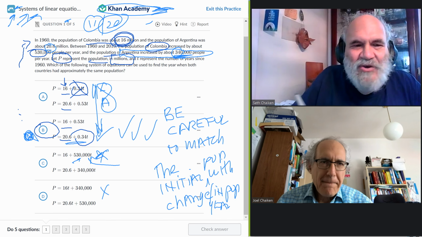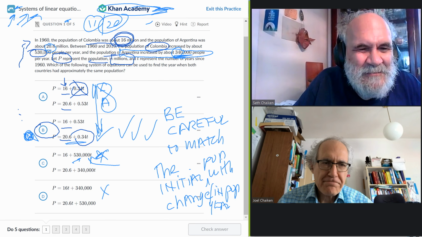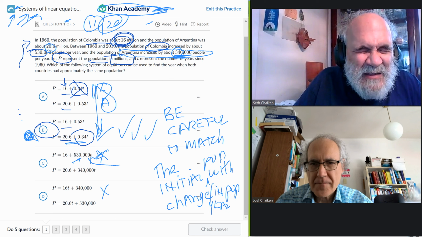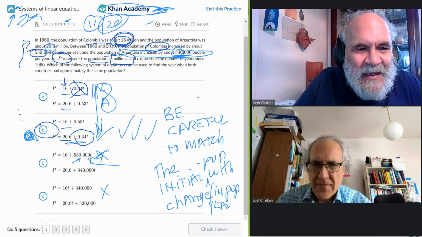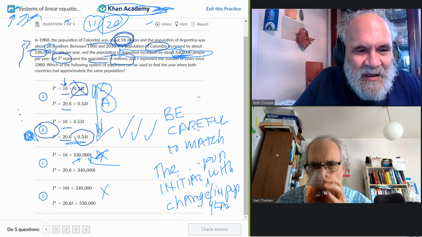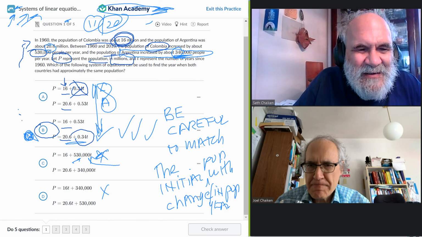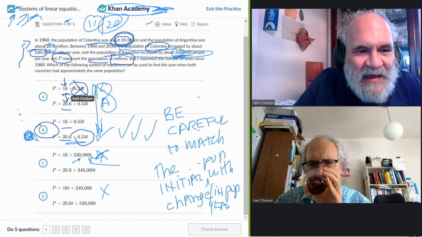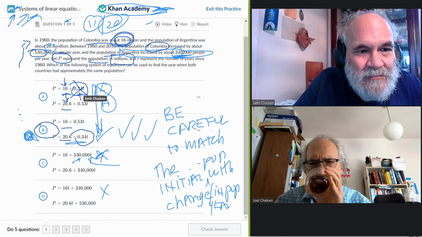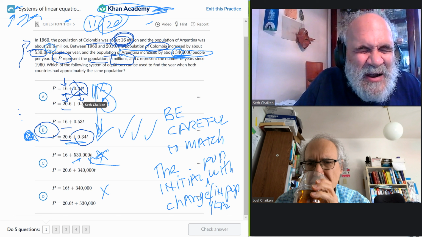Another clue in this question is that for distractor A, notice the 16 is smaller than the 20, and the third is smaller than approximately the half.